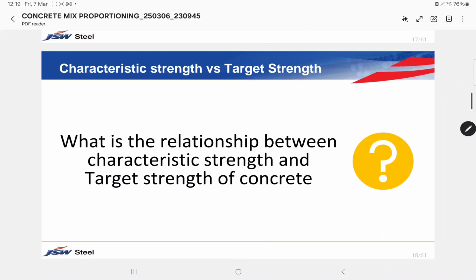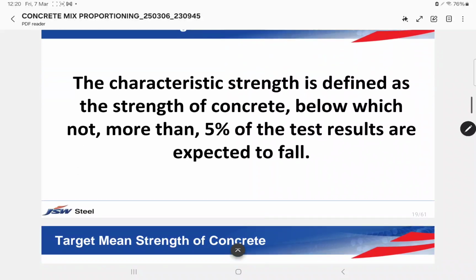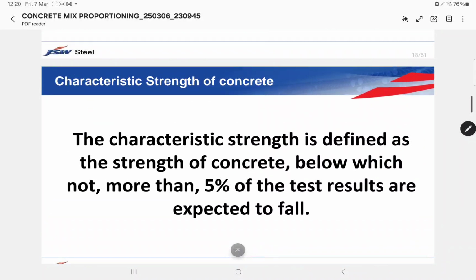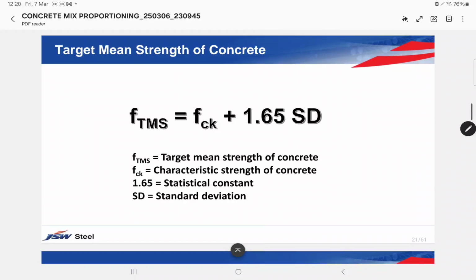Next thing is the relationship between characteristic strength and target strength. I will take this up later, at the end of this presentation if time allows. For the time being, I am skipping this part. I will tell you that the first step for designing a concrete mix is to calculate the target mean strength, and this is the formula we use.